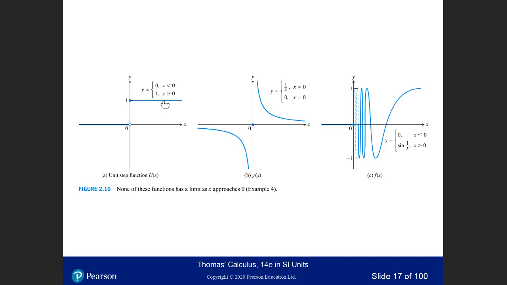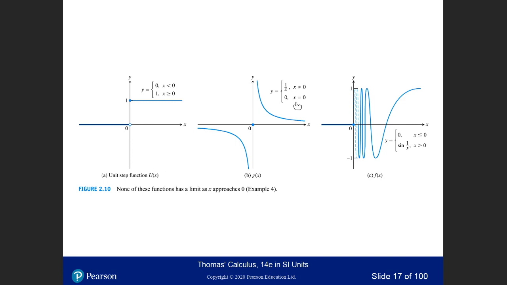When you approach from the right, you get one value. When you approach from the left, you get another value. Now, by the basic definition of the limit, as you approach from both sides, the numbers must be the same. So this is called the unit step function, and this does not have a limit at x equal to 0.